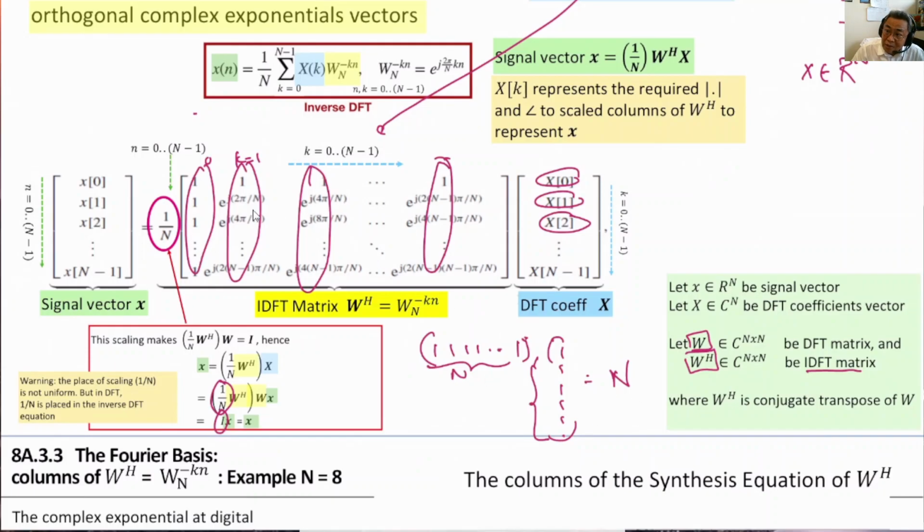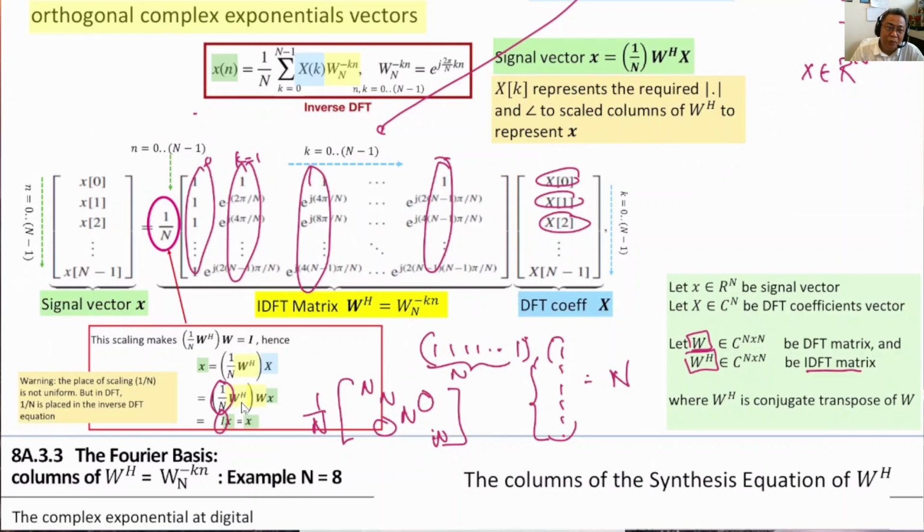The second column, when we are inner producting with itself, will also get n. So that's why W^H and W will get a matrix that has n in the diagonal. And then to make it identity, we are dividing by 1 over n here. So this is the reason that we are introducing this scaling.